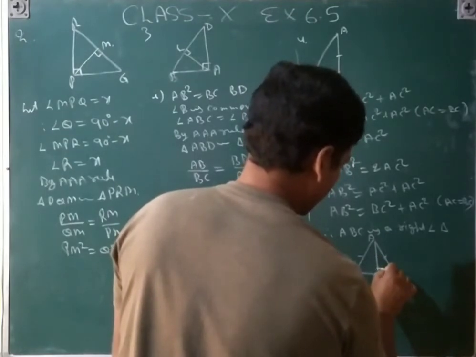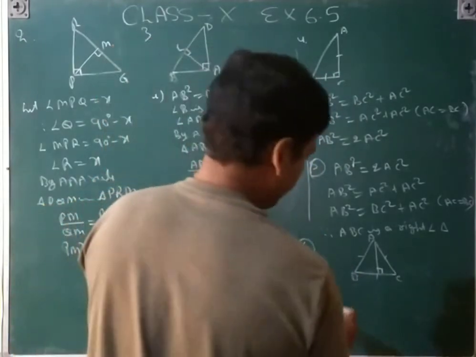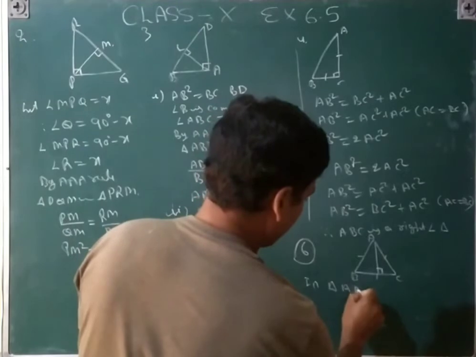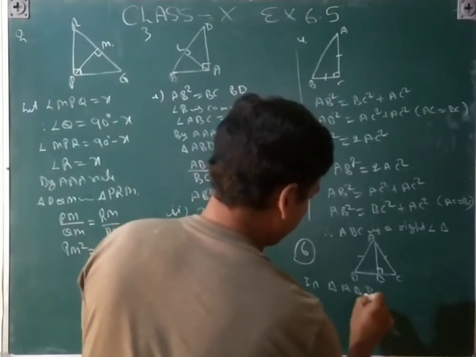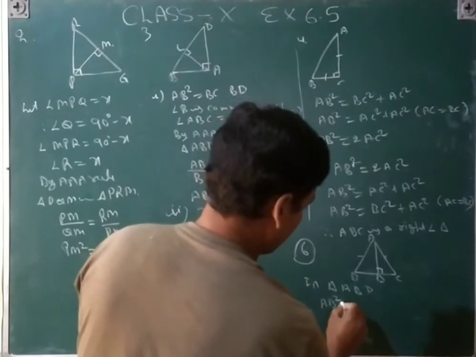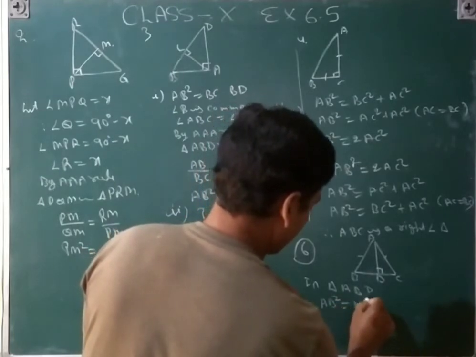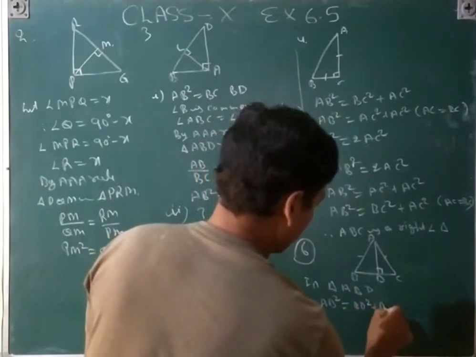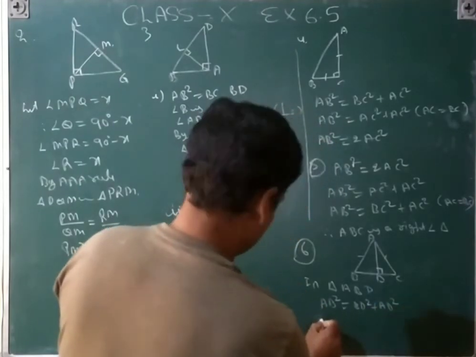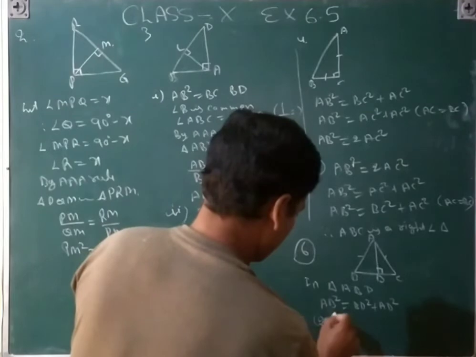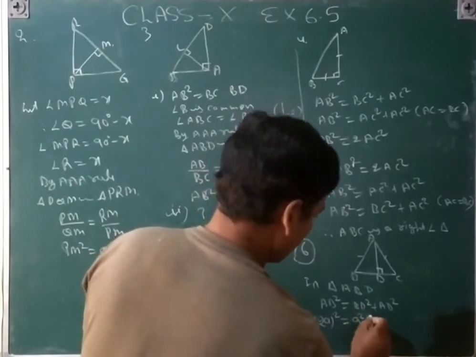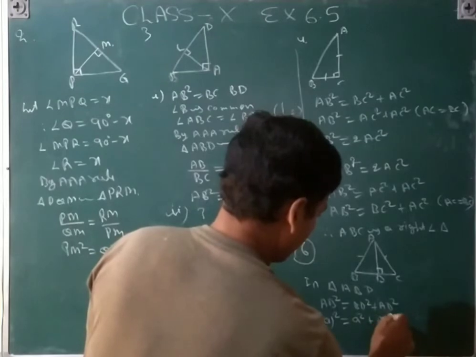So in triangle ABD, AB square is equal to BD square plus AD square, so that 2a square is equal to half of that, which is a, square plus AD square.